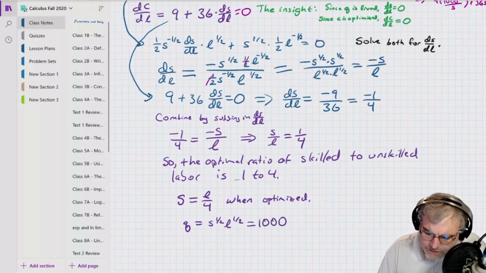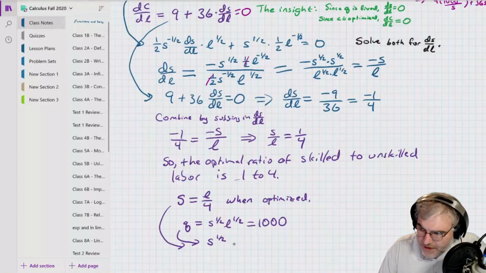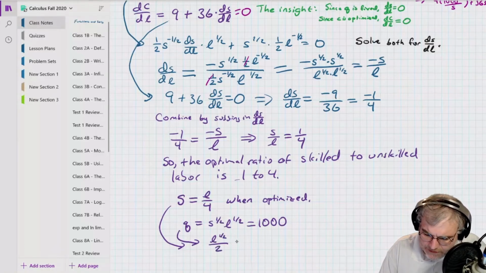So now what I do is I sub in L over 4 for S, and I combine these two facts. I want to replace that. I get L to the 1/2 over 2, because that's 4 to the 1/2, times L to the 1/2 equals 1,000.